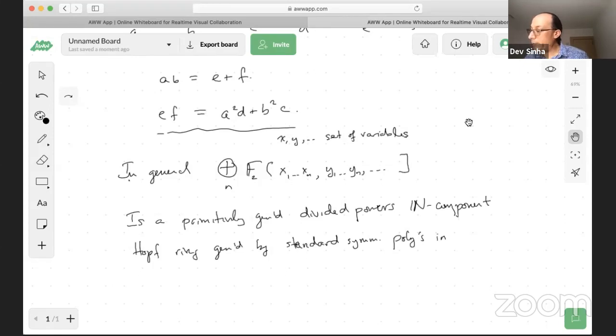Or actually, sorry, because I did the divided power, generated by just the first symmetric polynomial in each variable.